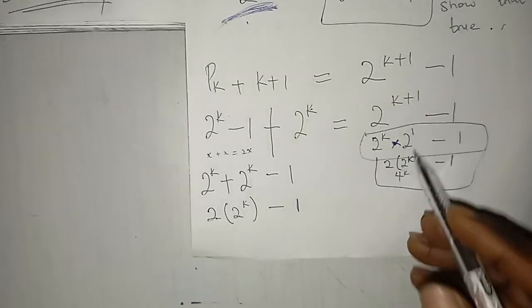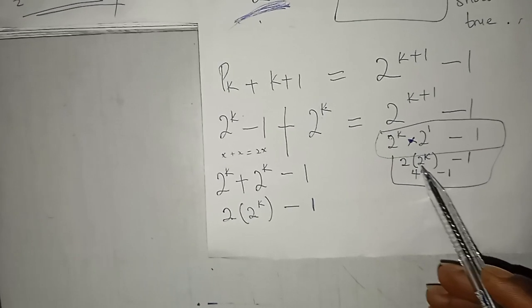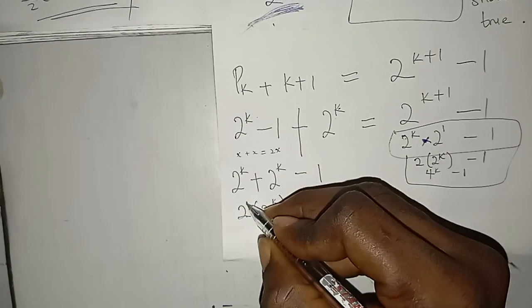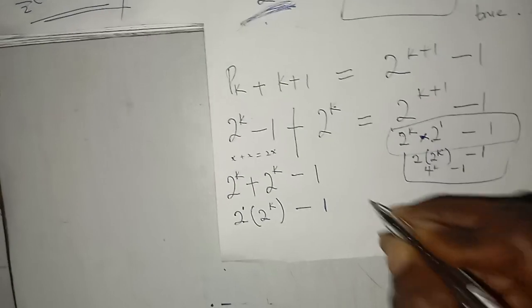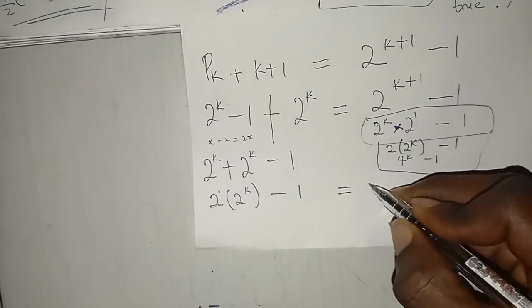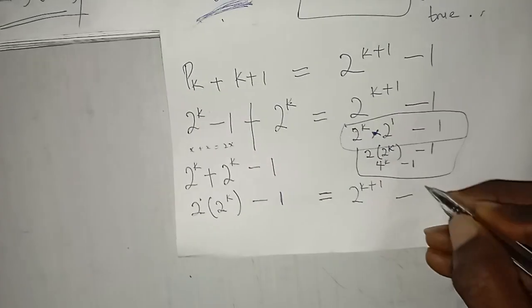And notice that it's looking exactly like what I have here. Or you can even say this power is having 1. So you can see that this is equal to what you have on the right hand side, which is 2 raised to power k plus 1 minus 1.